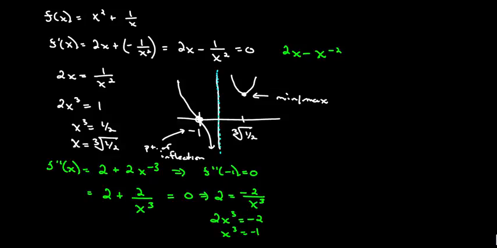So it must look something like that. Now, if we take a look at f triple prime of x, we get -6 over x to the fourth, like that. Okay, and this at -1 is negative, which is not 0. And since this is not 0, then this is a point of inflection. Okay, just like that.